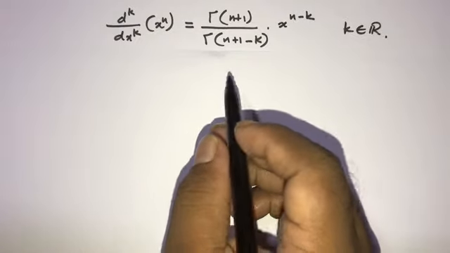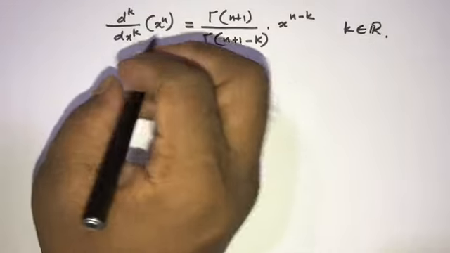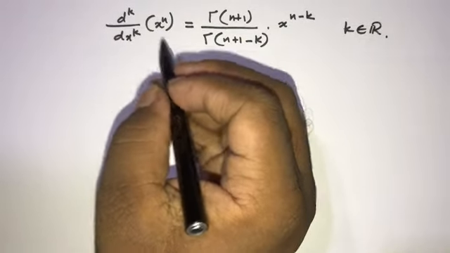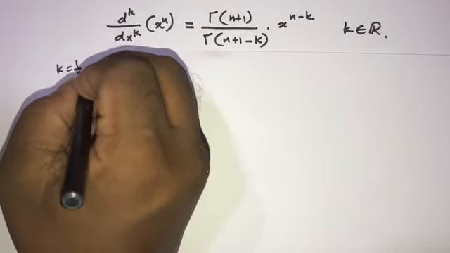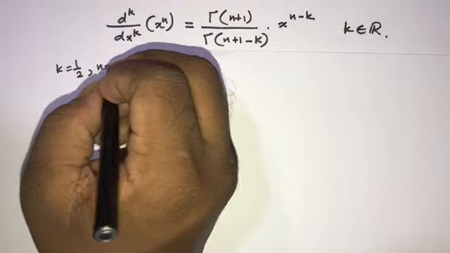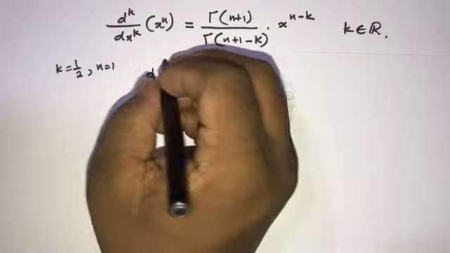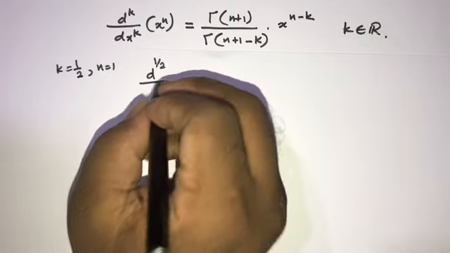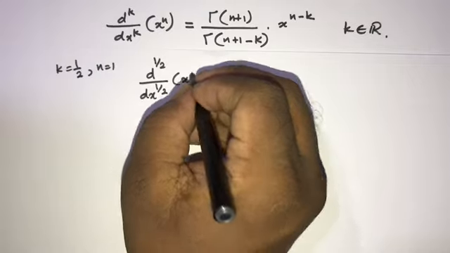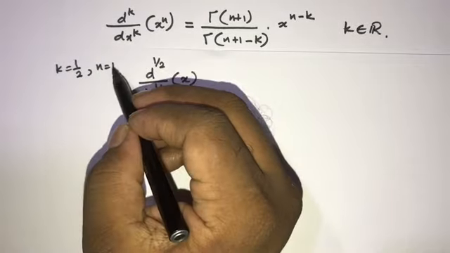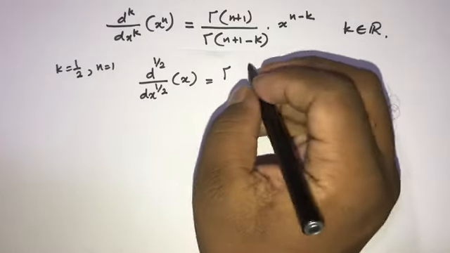Now I am going to find the half derivative of x. If we find the half derivative of x, here k is equal to 1/2 and n is equal to 1. So we can write d^(1/2) over dx^(1/2) of x, because n is equal to 1.